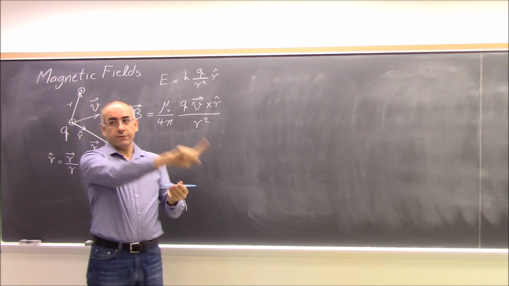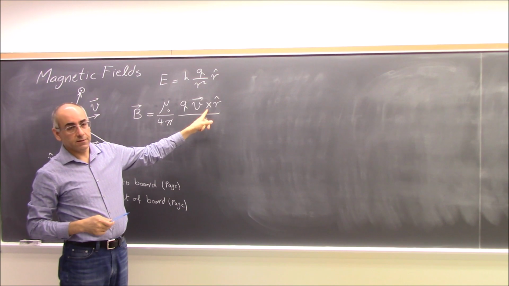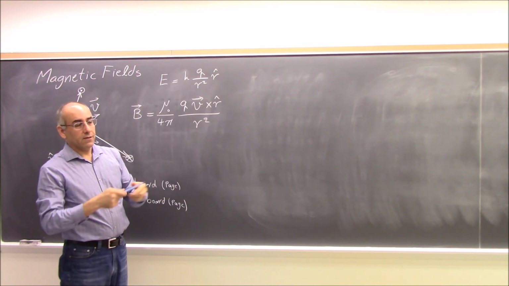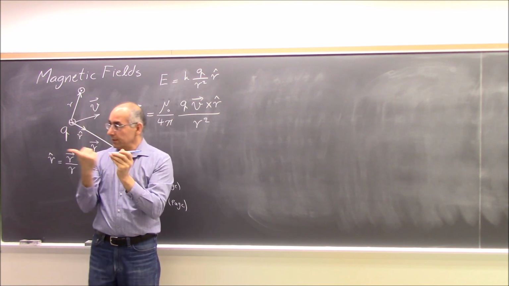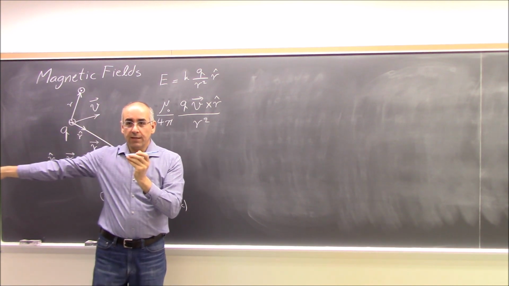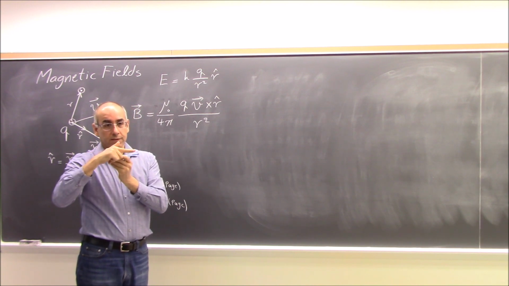If you go the other direction, V and R hat are in the opposite direction, it is still a zero cross product. So the field is zero in the direction of the velocity. It is zero in the other direction. It is more intense in the perpendicular direction to the velocity.